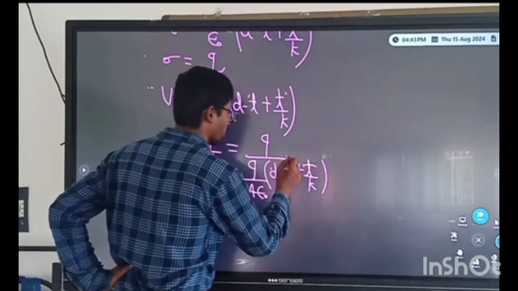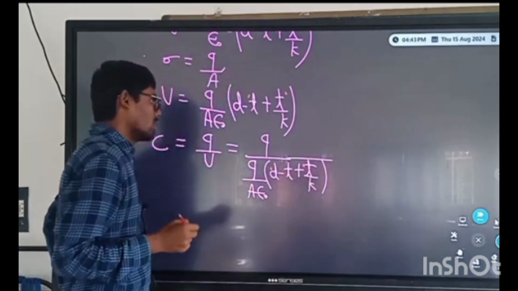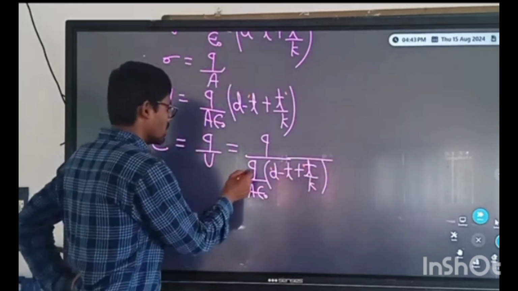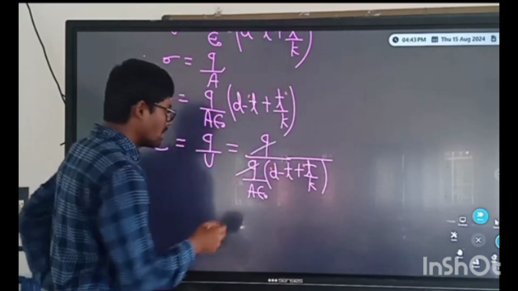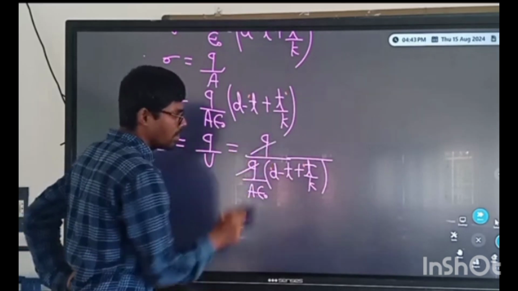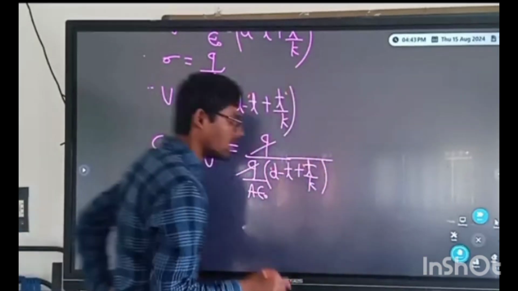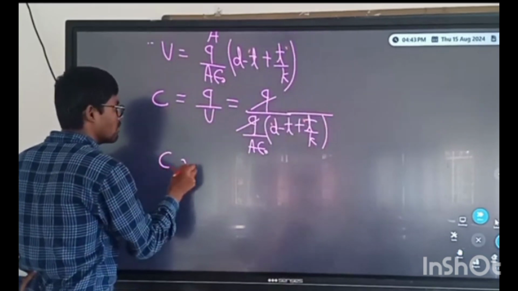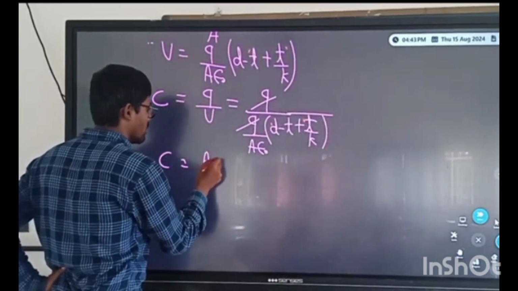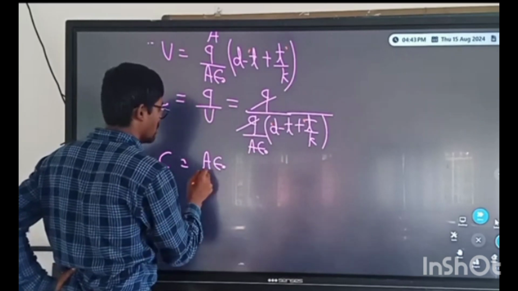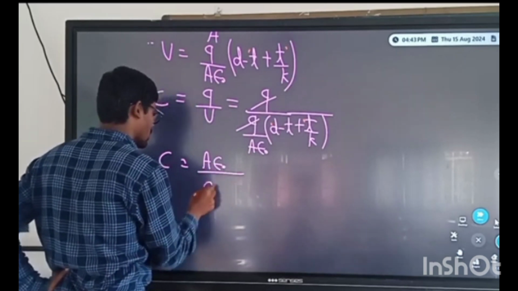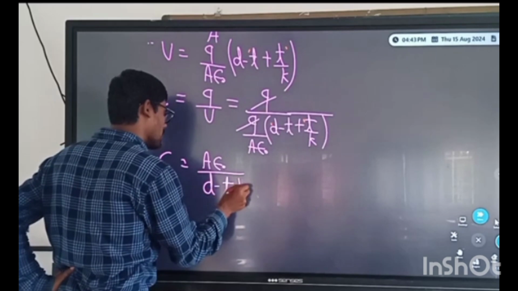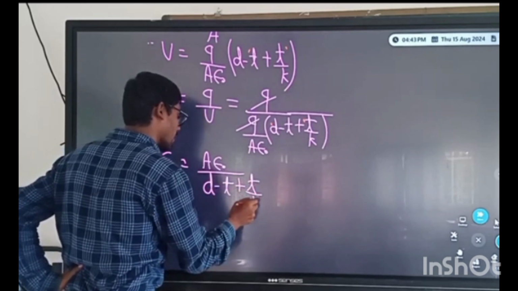Now this Q cancels out, and A epsilon naught goes up. So C is equal to A epsilon naught divided by (D minus T plus T by K).